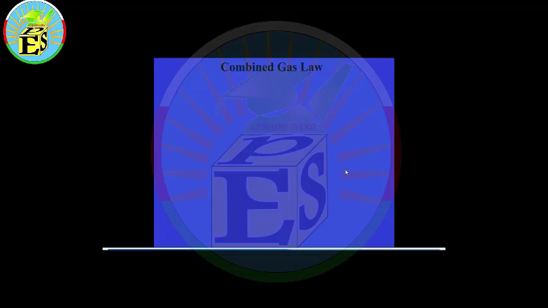And we can combine the gas laws, meaning Charles's law and Boyle's law. If V1 P1, this is the first state, equals V2 P2, this is the second state, this is Boyle's law, and then Charles's law, V1 over T1 equals V2 over T2.